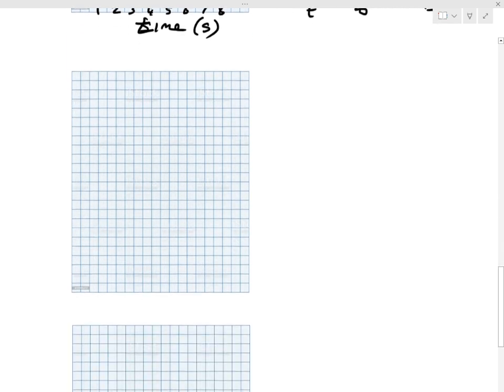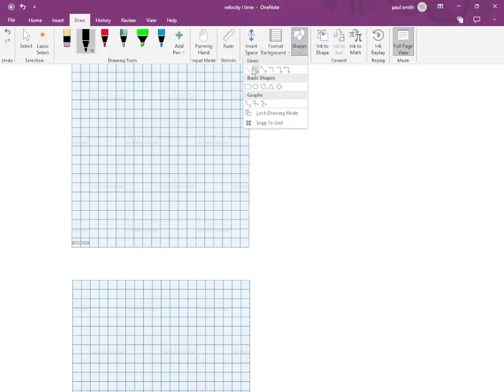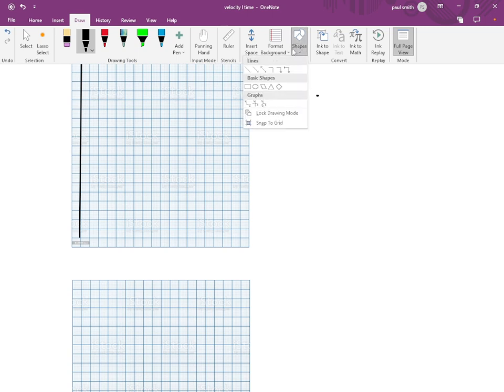So far, all these have had straight lines. Now, I'm going to move up to, I think it's grade 9, this stuff, or grade 8. It's not the easiest thing in the world, but it's not bad. So we've got the time, and we've got the velocity in meters per second.